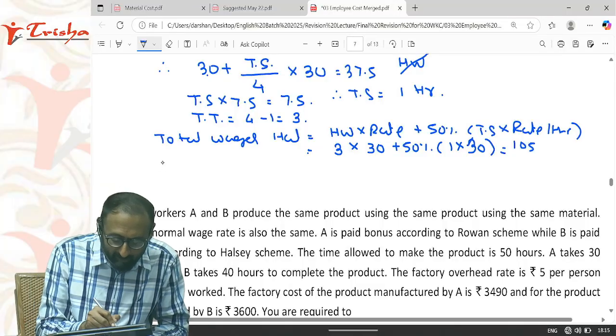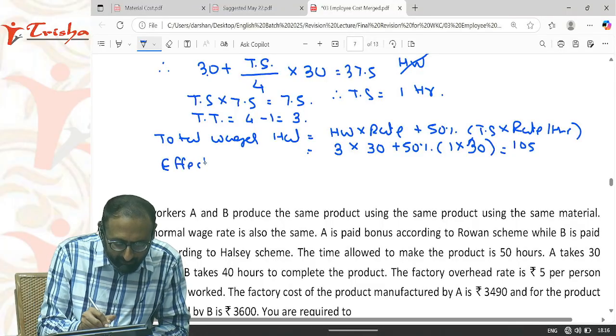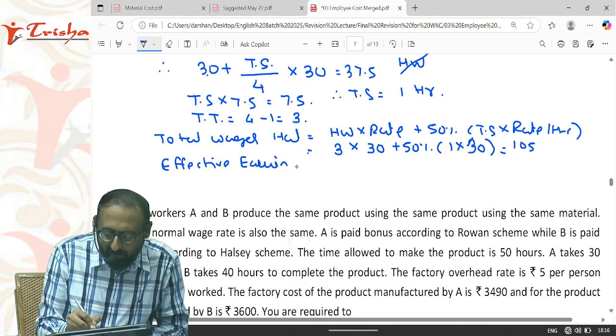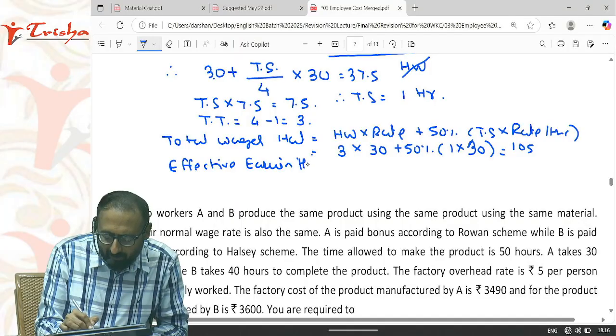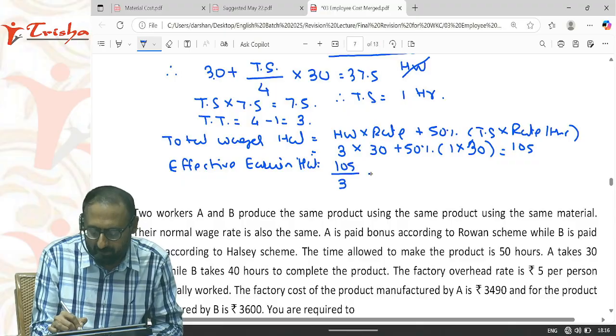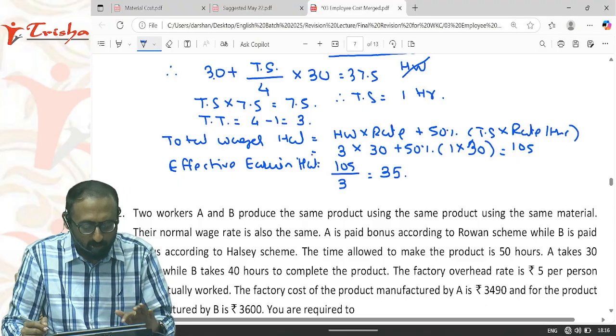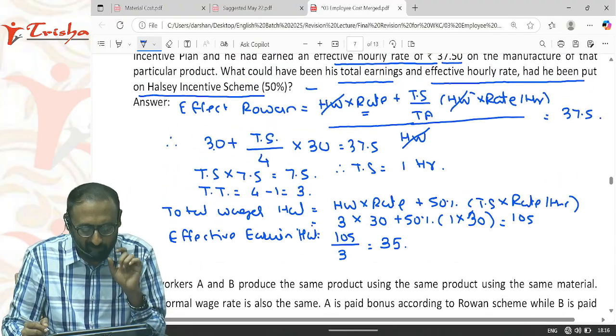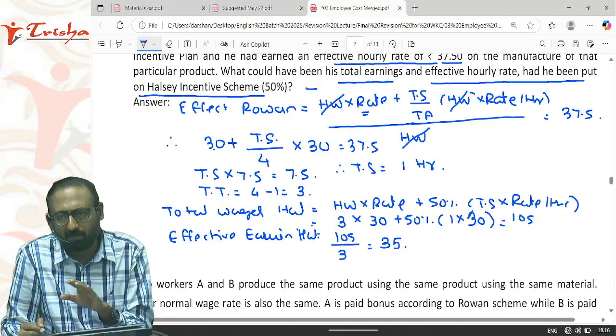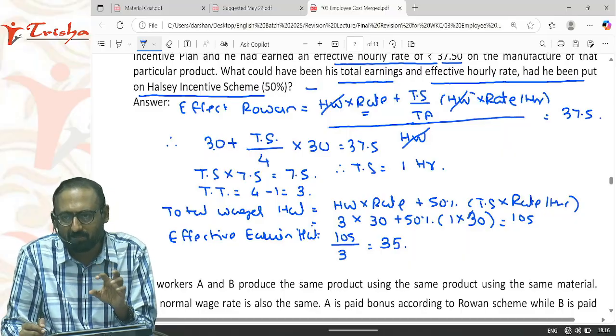And effective earning under Halsey is equal to total earning 105 divided by hours worked 3 hours. Does your answer come to 35? So remember, this similar question has been asked at least 3 to 4 times in examinations.